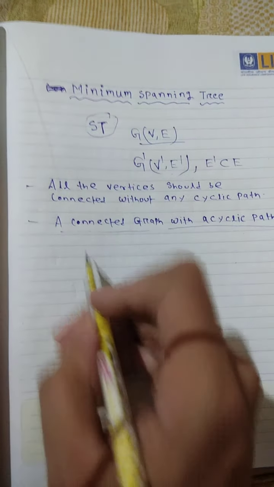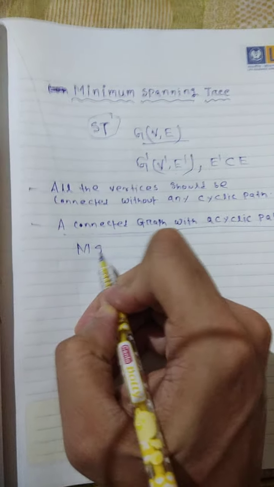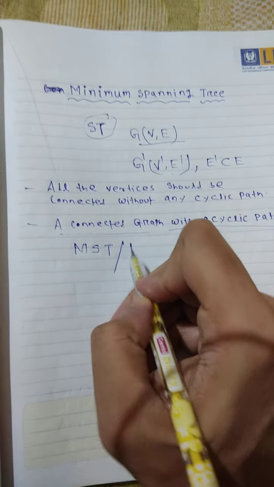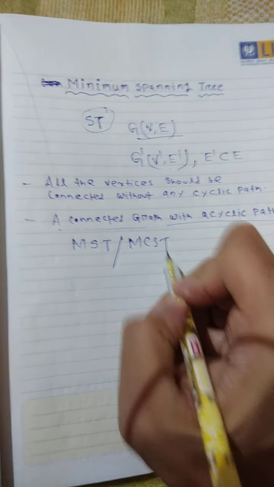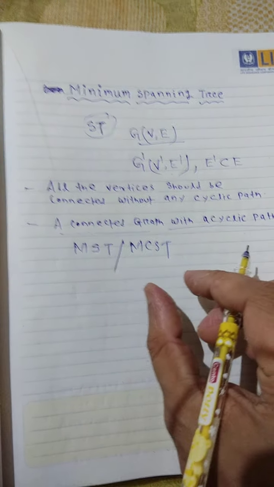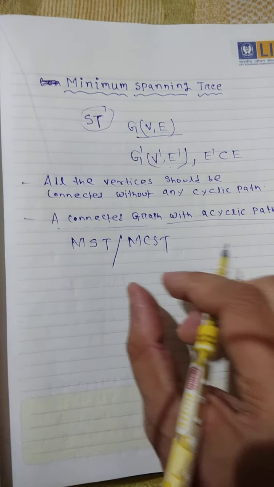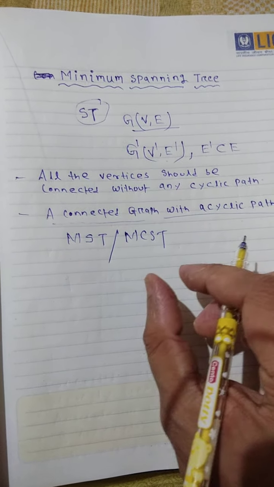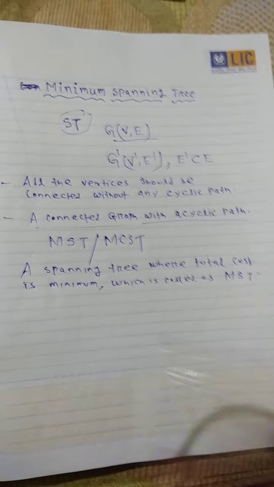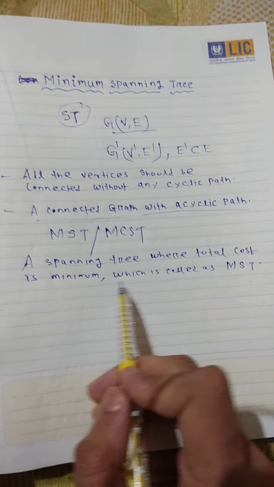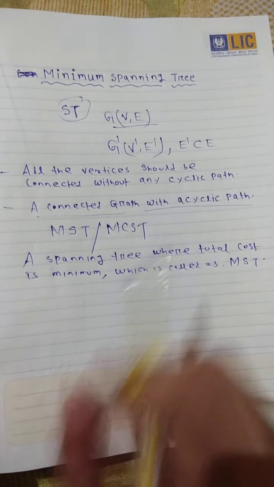Next, what is a minimum spanning tree? It is also called a minimum cost spanning tree. The spanning tree where the total cost is minimum is called a minimum spanning tree or minimum cost spanning tree. What is this cost?